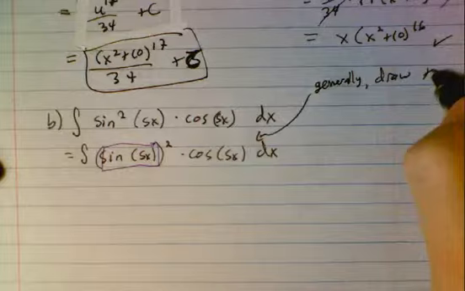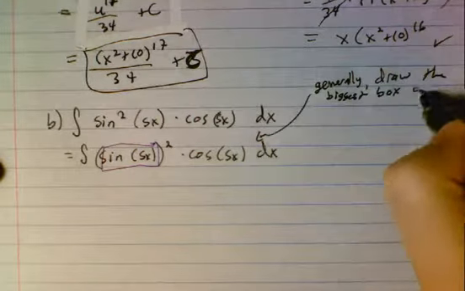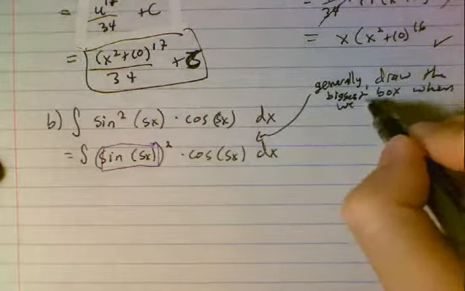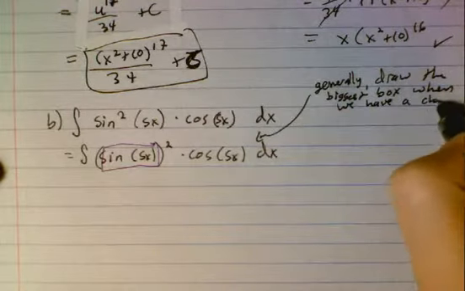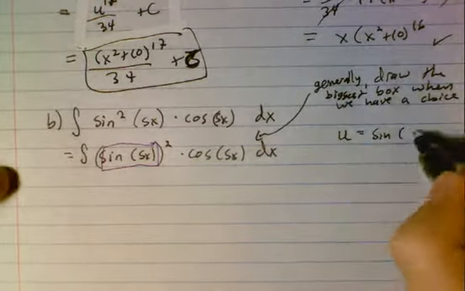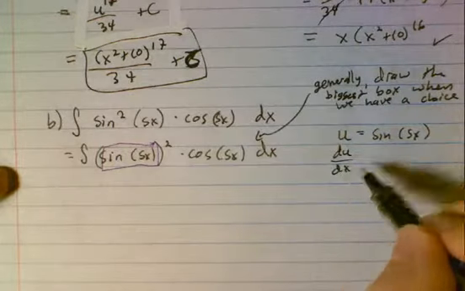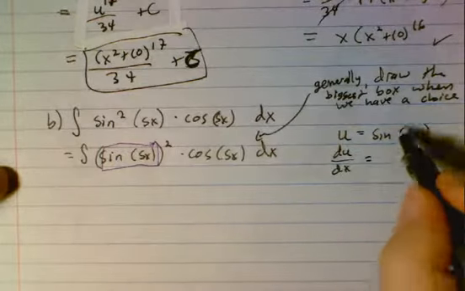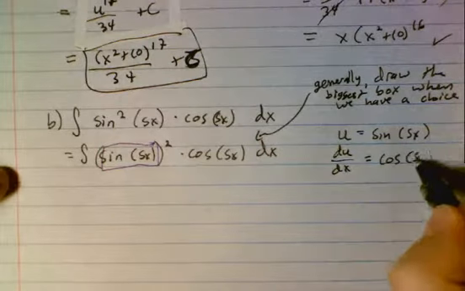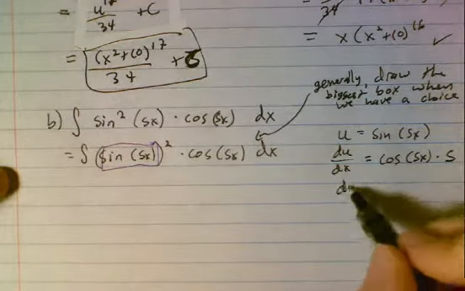So I'm going to make a little note. Generally we want to draw the biggest box when we have a choice. So let's let u equal the sine of 5x. du dx: the derivative of sine is cosine of 5x, and the derivative of 5x is 5.